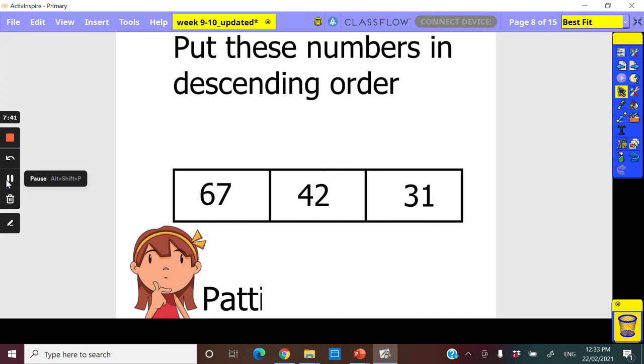How did you go? Did you put 67 first because it's the biggest number, followed by 42, followed by 31? Descending order, my turn. Descending order means biggest to smallest, your turn. Wonderful loud voices. Some of you I could hear speaking really loudly. Well done.